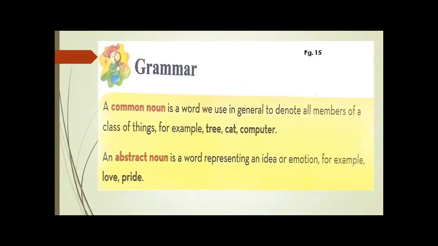Now I'll share the different types of abstract nouns. The categories of abstract nouns are feelings, states, emotions, qualities, concepts, moments. What are feelings?